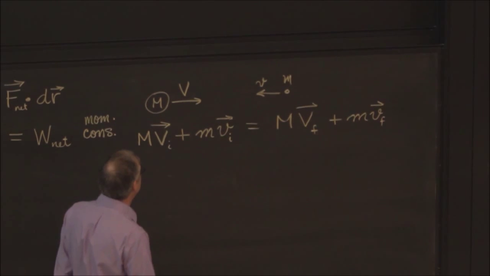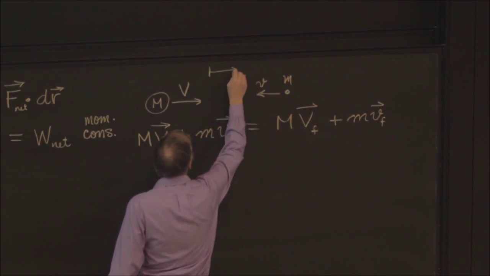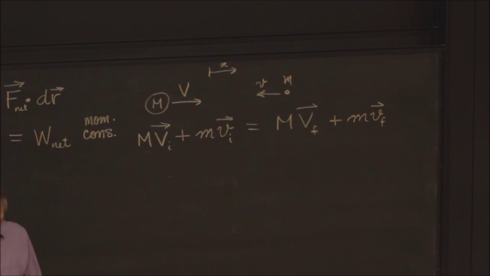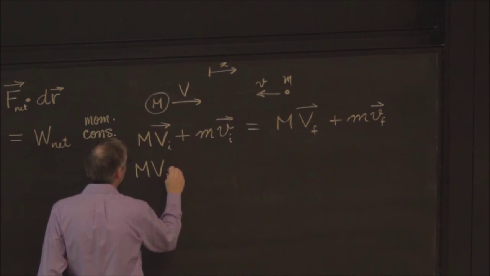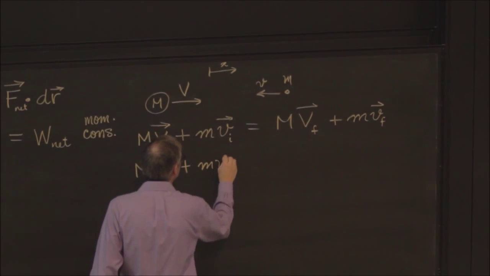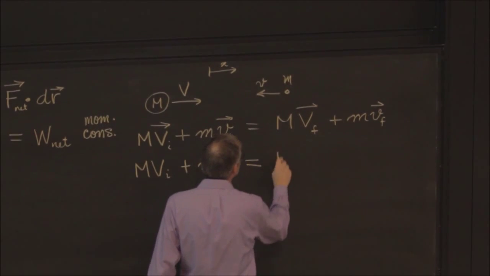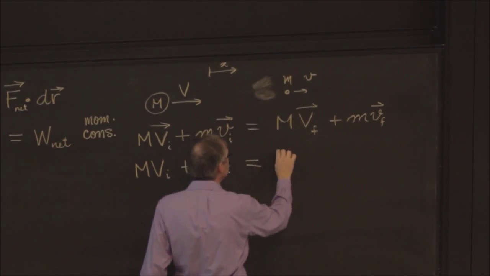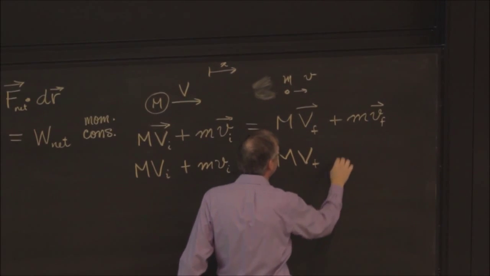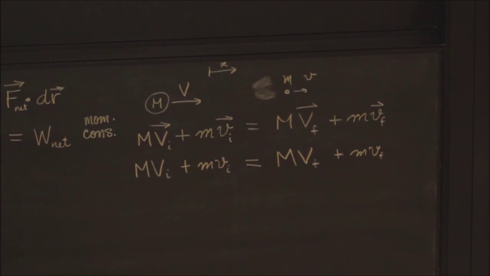So by the time I project everything onto the positive x direction, I will have M V initial plus m v initial is equal to, so maybe actually I'm going to reverse this so it goes that way so I don't have any issues, M V final plus m v final. That's a statement of conservation of momentum.